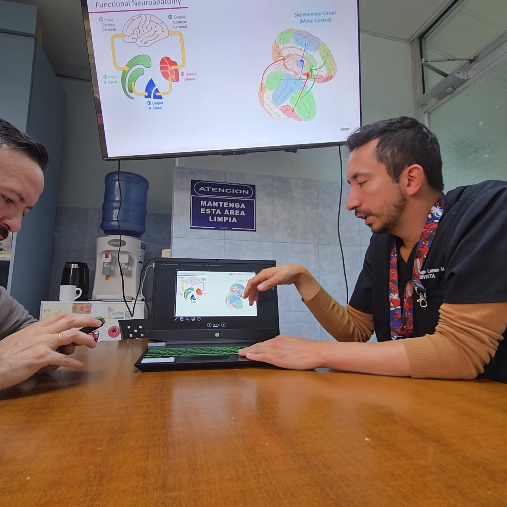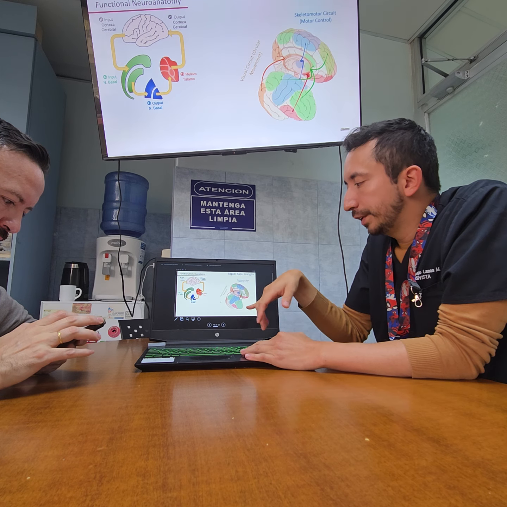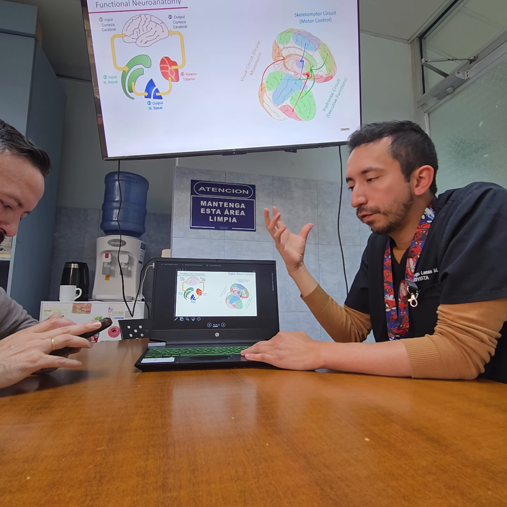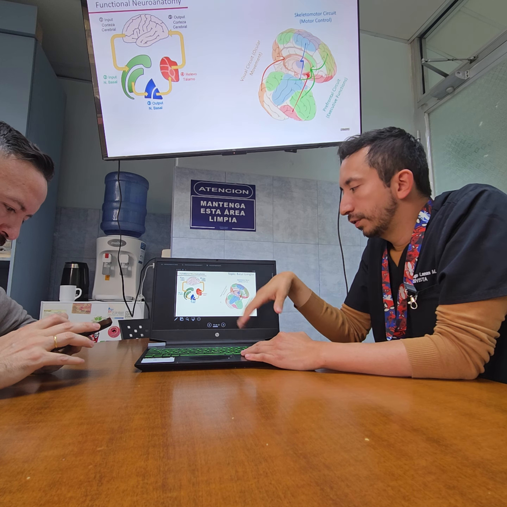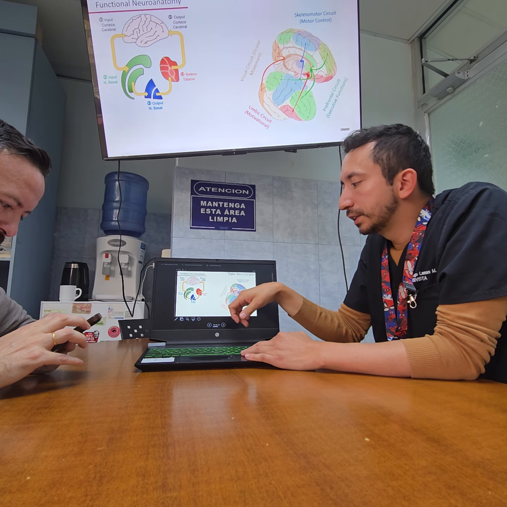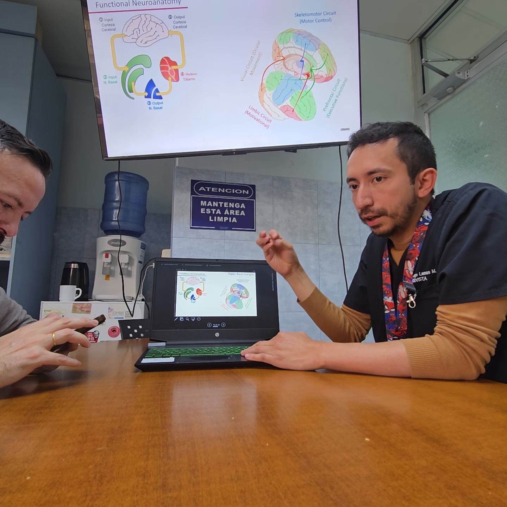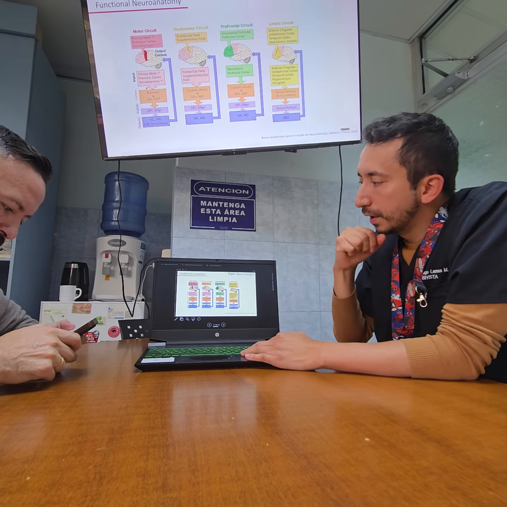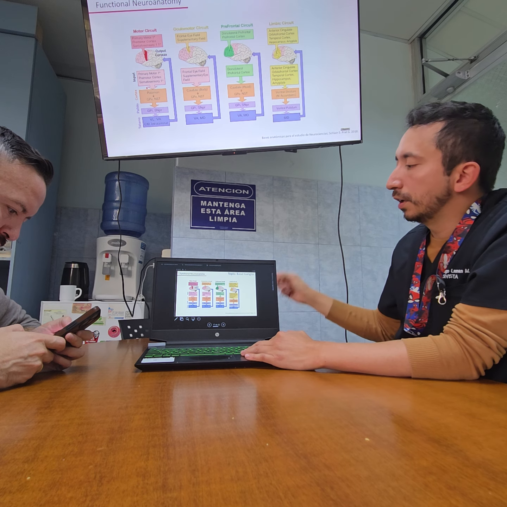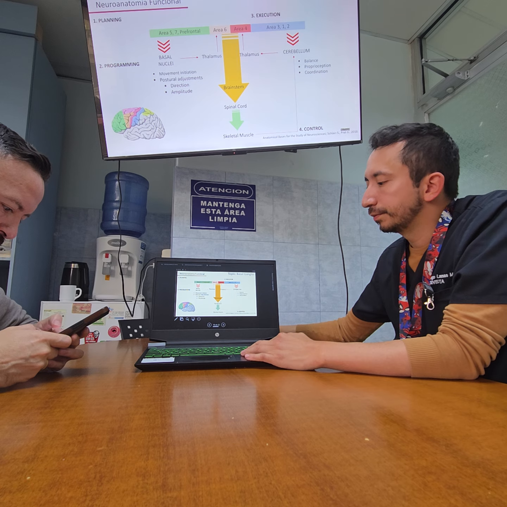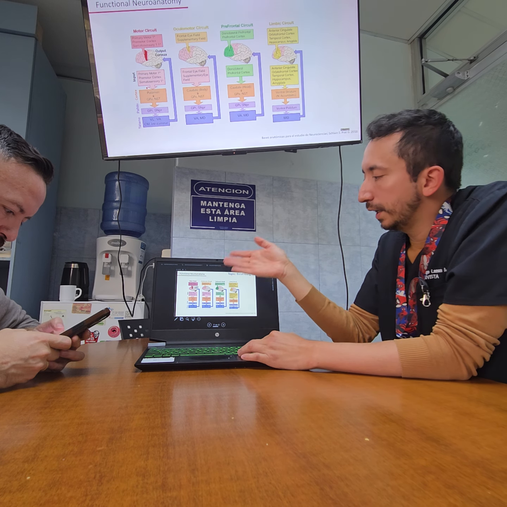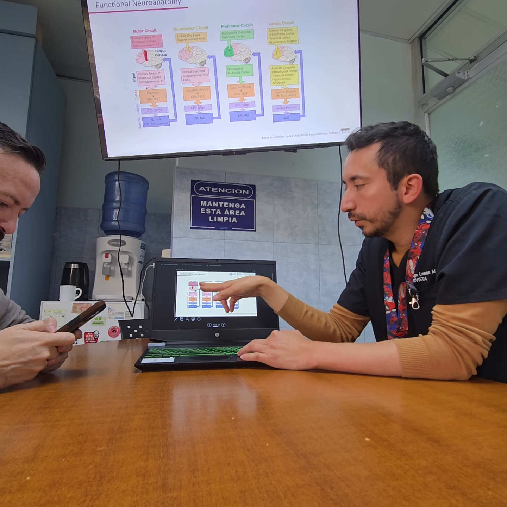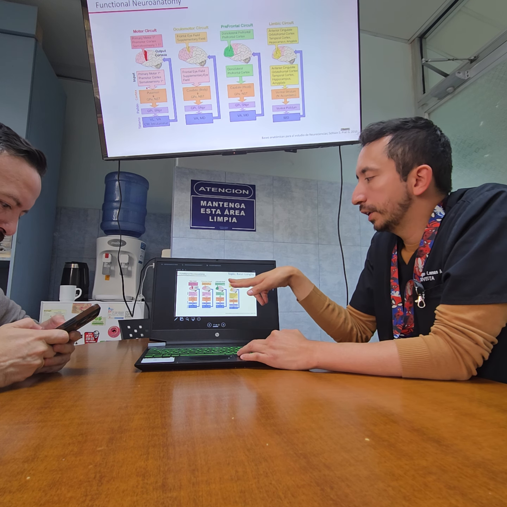We can see mainly 4 circuits that have specific functions: skeletal motor circuits, oculomotor circuits, prefrontal circuit that has executive functions, and limbic circuits, that have mainly a motivational function. So in this image you can see a motor circuit, oculomotor circuit, prefrontal circuit, and limbic circuit.